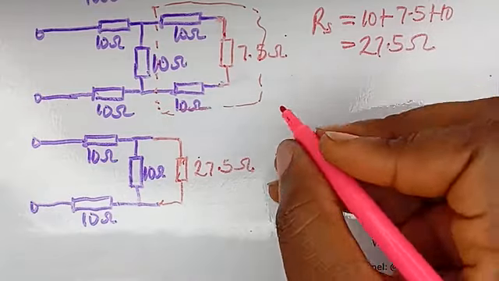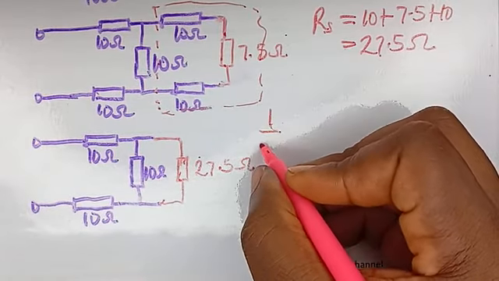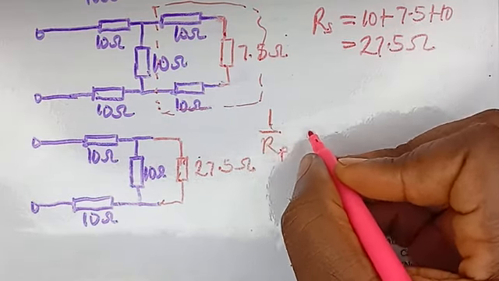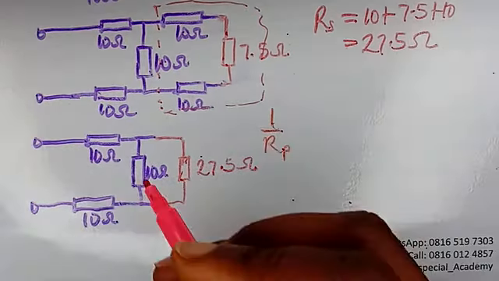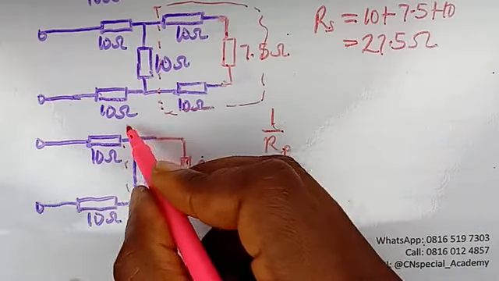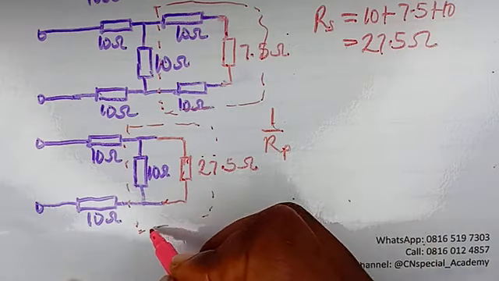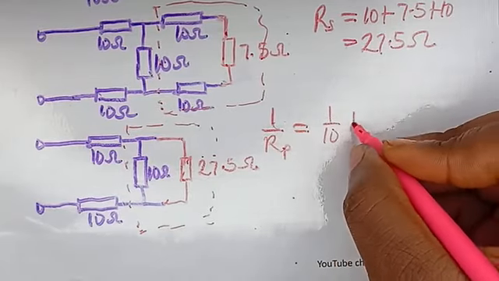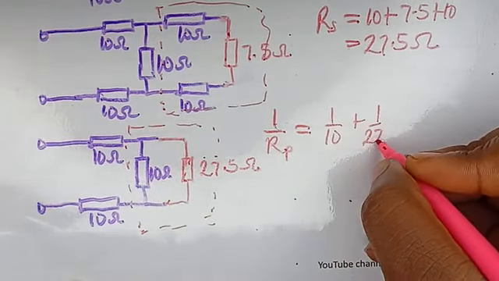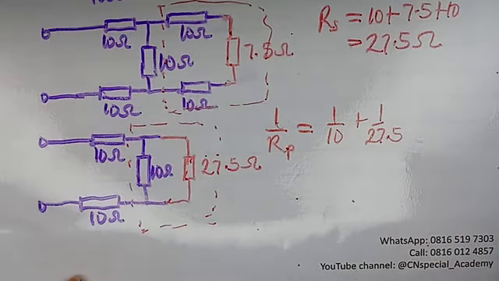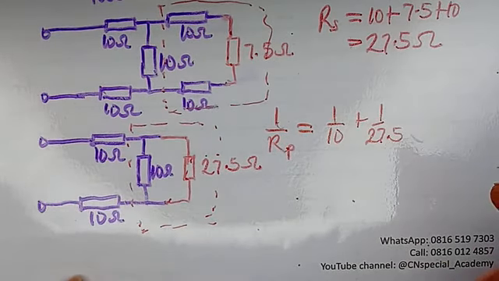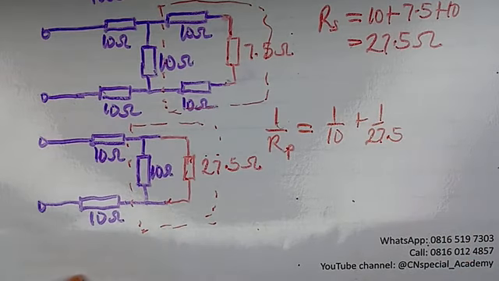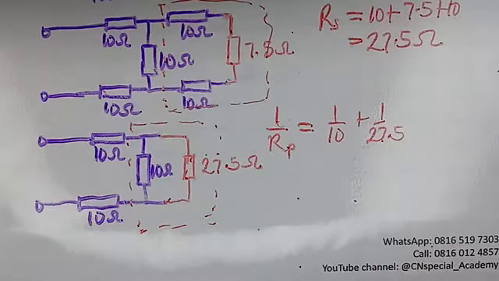And for us to solve, we have to say that 1 over the effective parallel resistance, that's these 2, let's just draw a boundary mark to show that these are the two we are adding at this point, is equal to 1 over 10 plus 1 over 27.5. And when we have that addition, we are going to get 7.33.